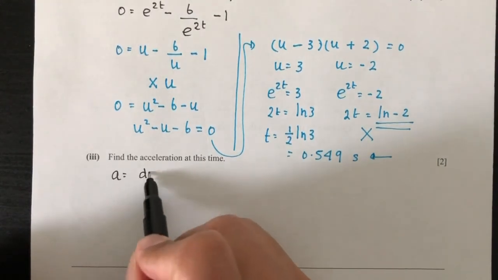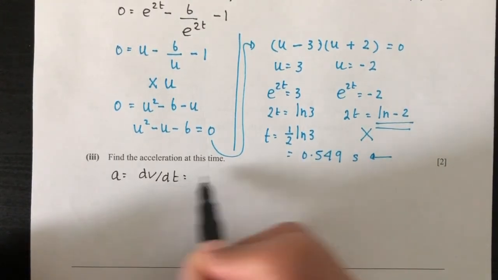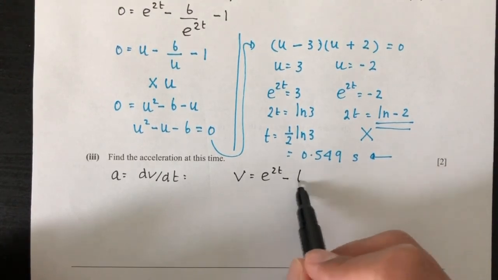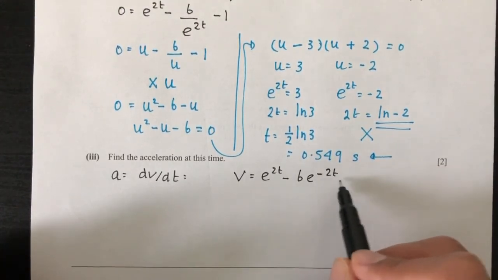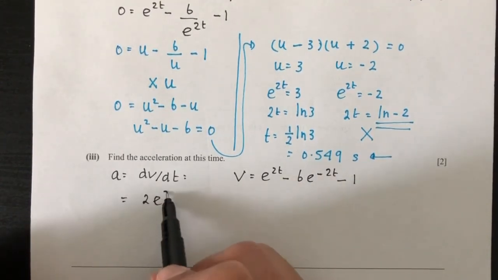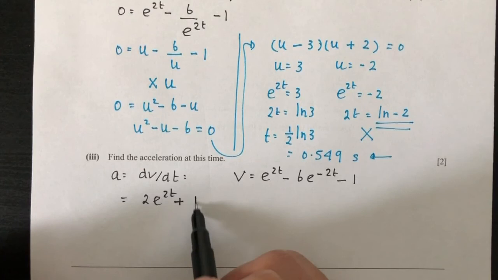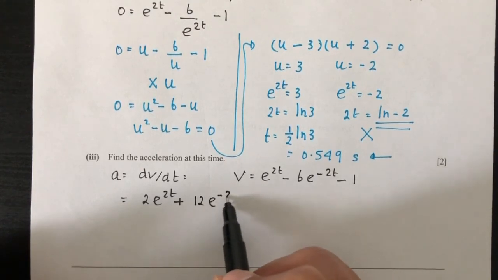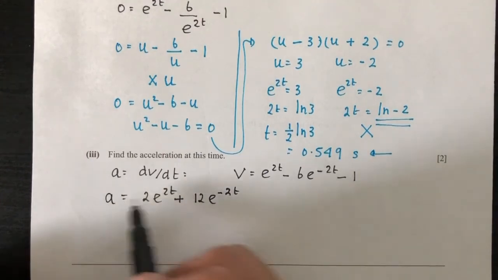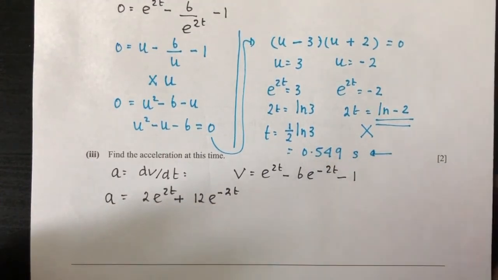Acceleration is equal to dv by dt. So we know the value of v is e^2t minus 6e^(-2t) minus 1. So dv by dt will be 2 times this plus 12 times this, and this is 0. So we have to find the value of a at t equal to this value.